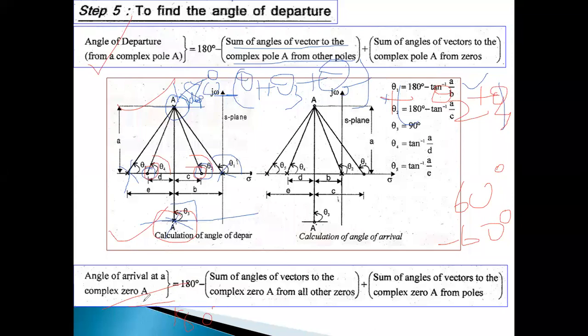For the angle of arrival, we follow the same procedure.